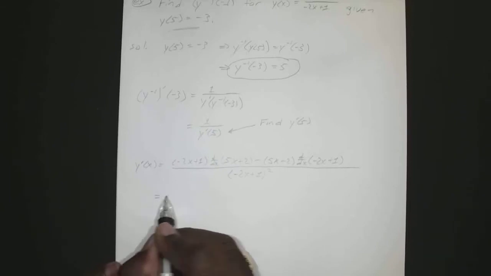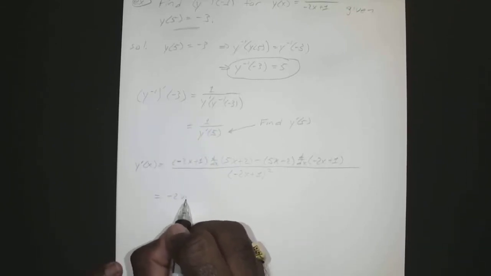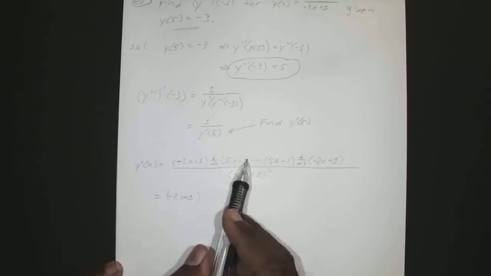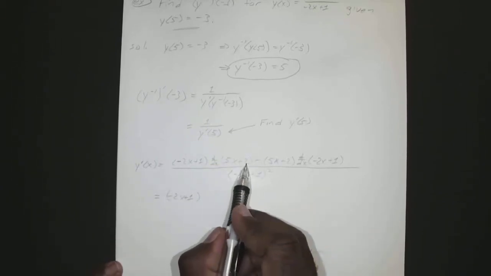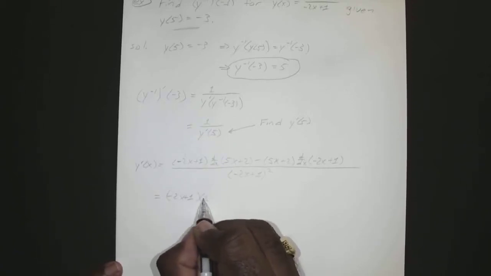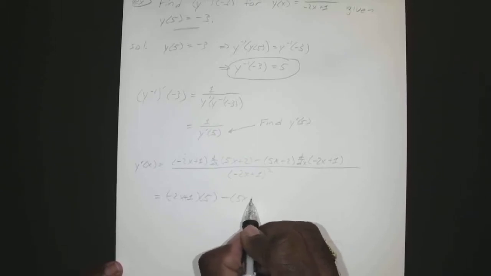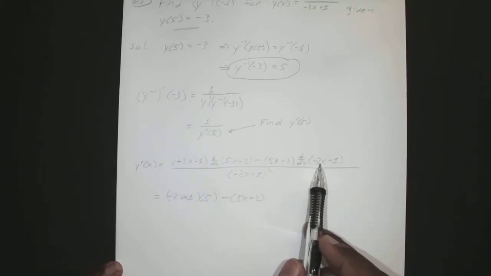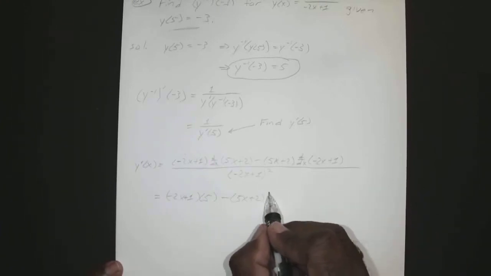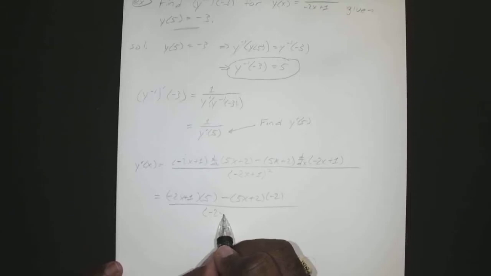So that gives us negative 2x plus 1 times the derivative of 5x plus 2, which is just 5 since the 2 disappears, minus 5x plus 2 times the derivative of negative 2x plus 1, which becomes negative 2, all over negative 2x plus 1 squared.